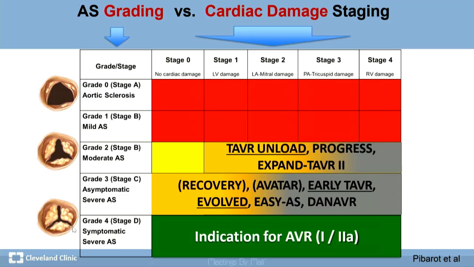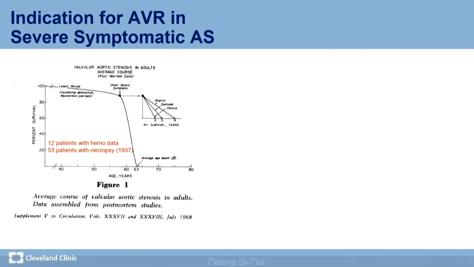And if you look at grade 4, it is severe symptomatic aortic stenosis. So there is no question there. Aortic valve replacement is necessary. So Dr. Braunwald, anybody who reads a little bit, they always cite this particular graph from Dr. Braunwald to say that when you see these people who develop symptoms, you are falling off the cliff, in the sense that you are going to die in 1, 2, or 5 years, depending on what symptoms you are experiencing of aortic stenosis.